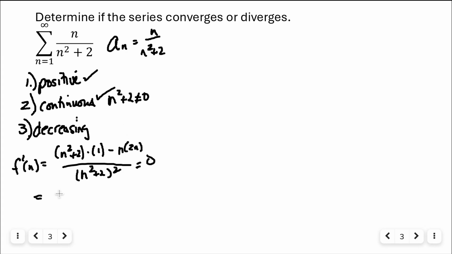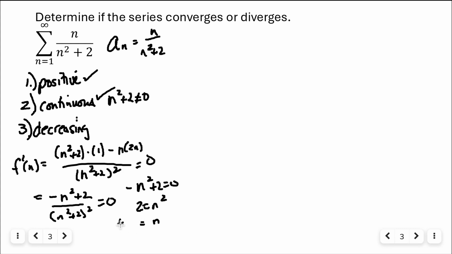That gives me negative n squared plus 2 over n squared plus 2 squared equals 0. So negative n squared plus 2 would have to equal 0, so 2 equals n squared, and n equals plus or minus square root 2. So there are critical values of plus or minus square root 2. The negative square root 2 critical value we throw out because n has to be 1 and only positive values after that.